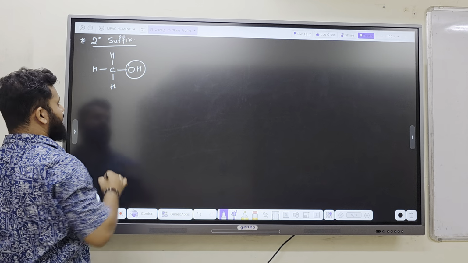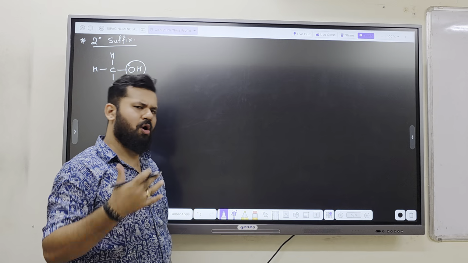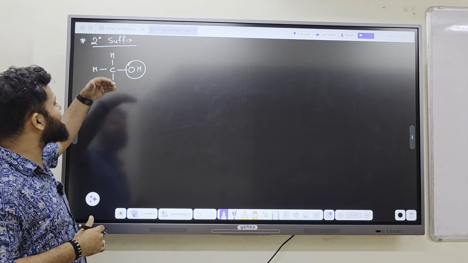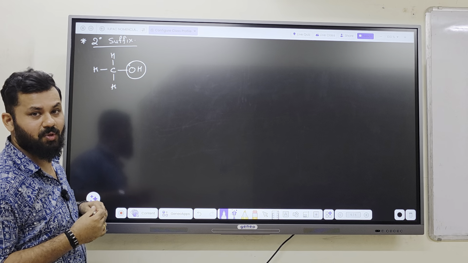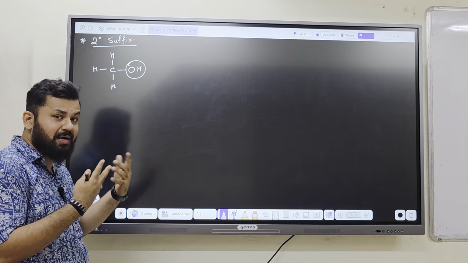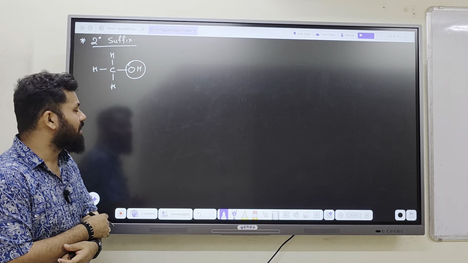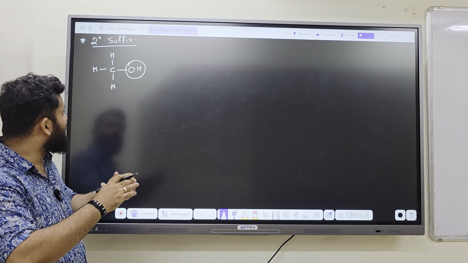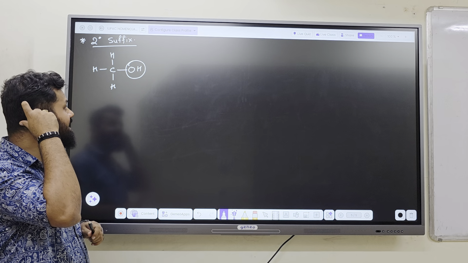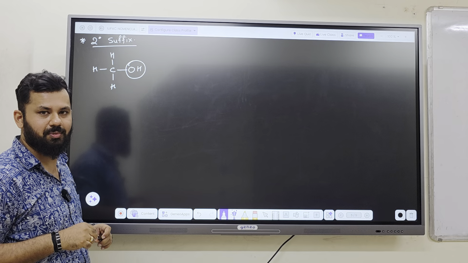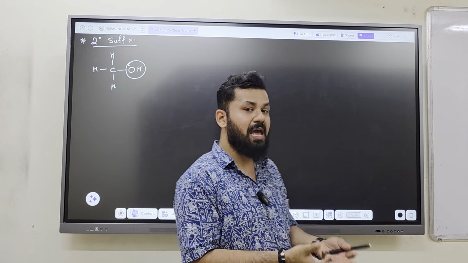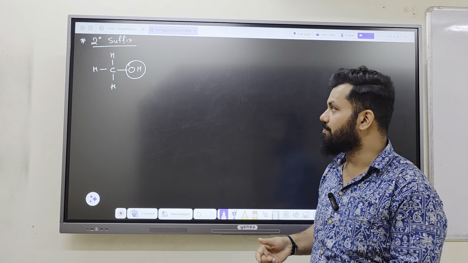This particular OH, this particular group of atoms or a single atom in some cases, will make drastic changes in the behavior of this particular compound. So CH4 belongs to a different category, and CH3 along with OH now belongs to a different category. Sir, what is that category? That itself is called a functional group.